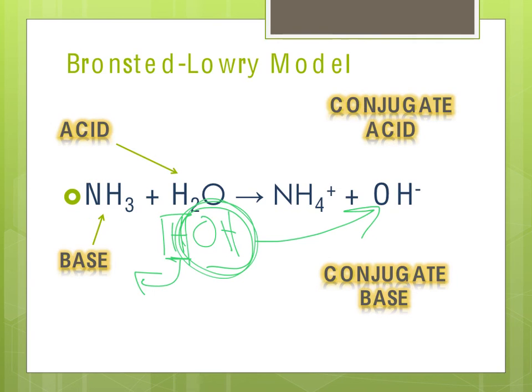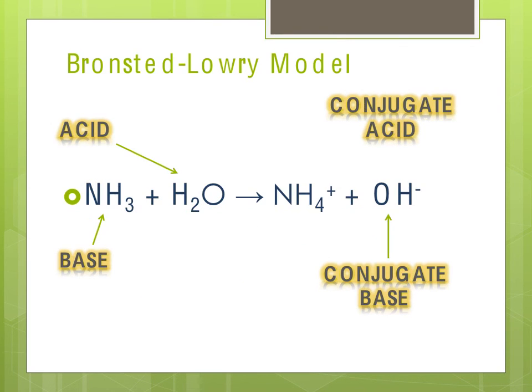So that means in this situation, OH minus is our conjugate base, because it is what is left over from our acid whenever it does donate that proton. When that hydrogen ion gets donated, then what's left is our conjugate base. When the acid donates its proton, donates its hydrogen, the conjugate base is what's left.